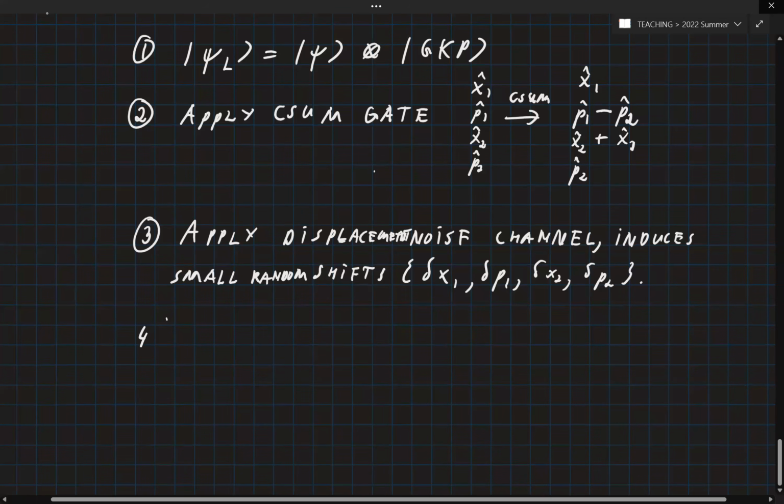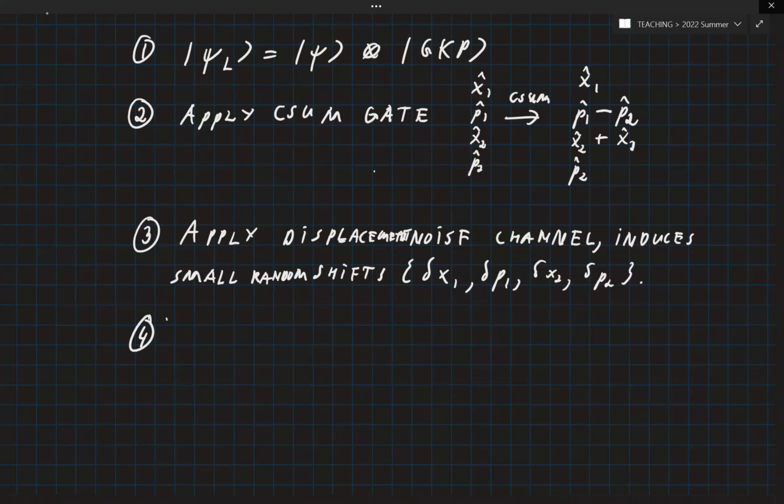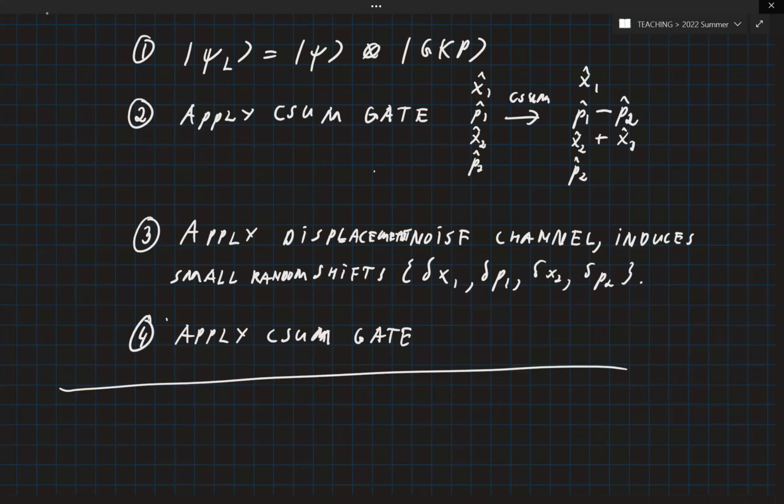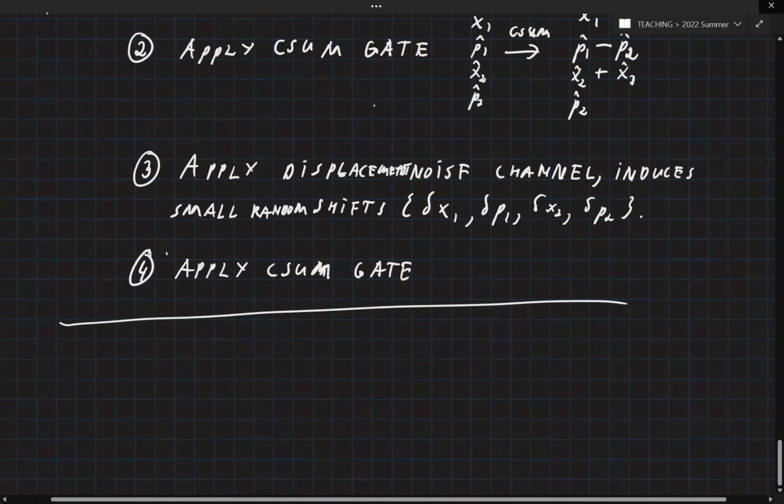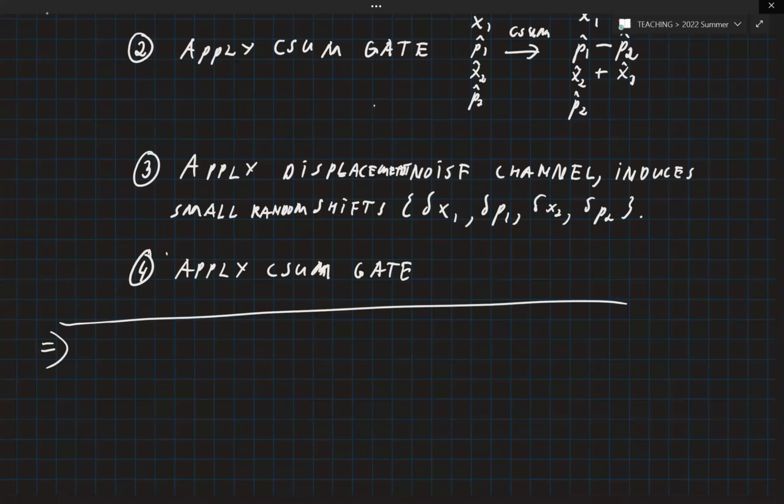And now once the noise is applied and the information has reached the other end of the noise channel, then we apply C-sum again. Decode. And finally, at the end, after this whole procedure, this winds up being the following.